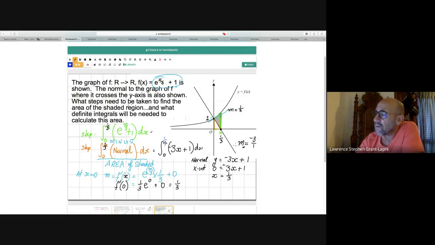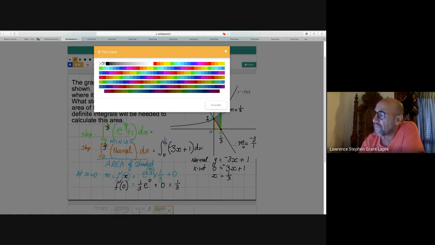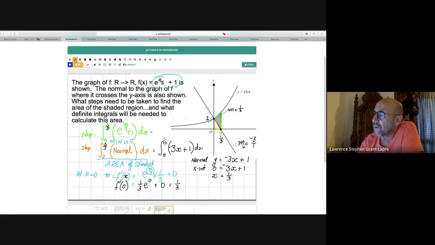So e to the x over 3, you leave it, and then because it's the integral, we divide by 1/3. And the integral of 1 is 1x. And that's from 0 to 1/3.